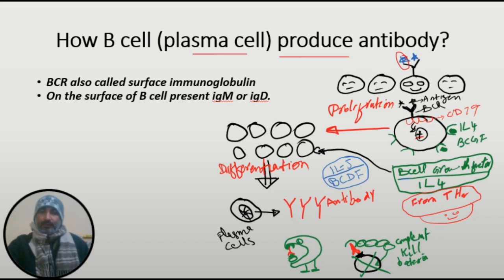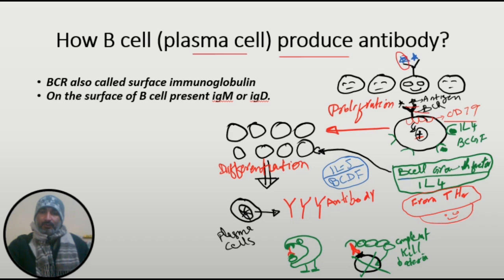If this antigen binds with the BCR, it will activate the protein inside the cell, on the inner surface of the cell membrane, which is called CD79. CD79 will give a signal to the nucleus, and specific genes will be activated.